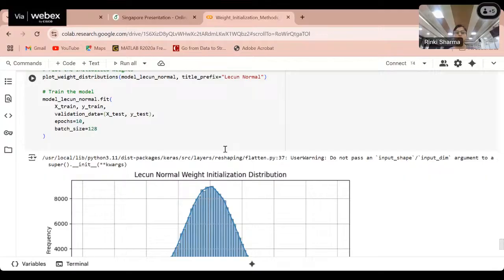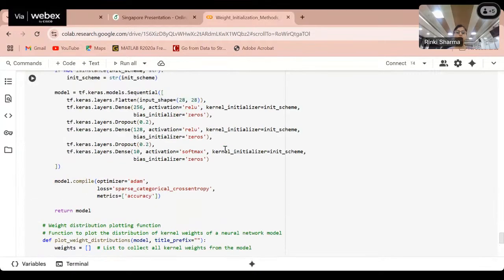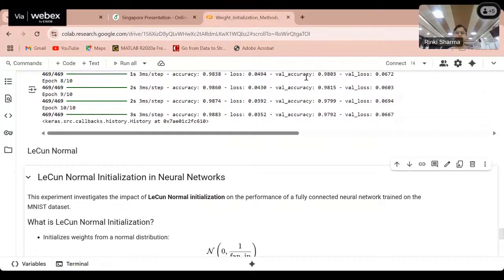If you have any doubt in this code, you can ask. I hope I'm audible throughout the session.